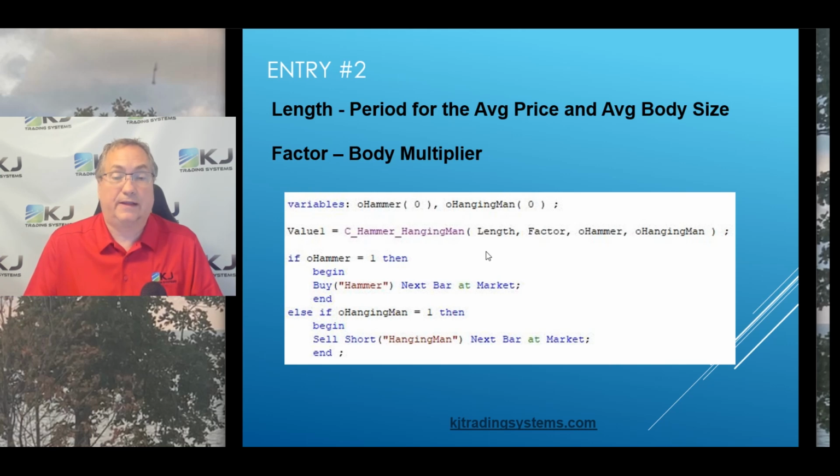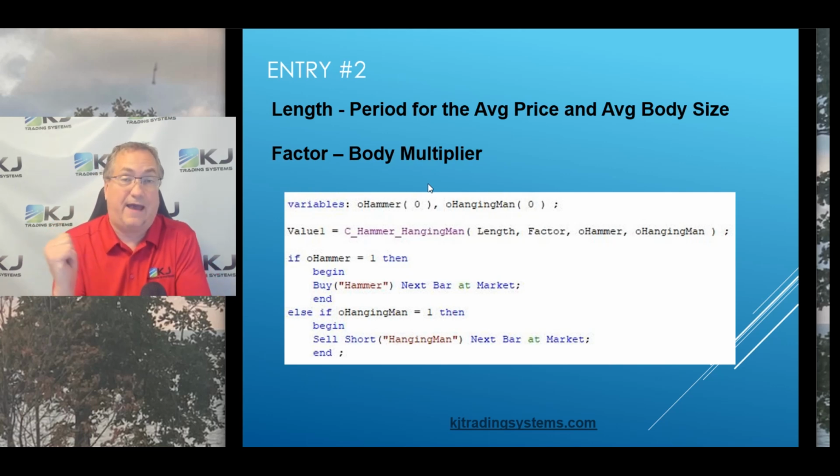Now, if you look at the code for it, again, this is TradeStation EasyLanguage, which I use in all my videos. There's a function called hammer hanging man, where you enter the length for the period that you're going to evaluate the average price and the average body size over, and also a factor, which is a body multiplier. I won't get into the details of it.